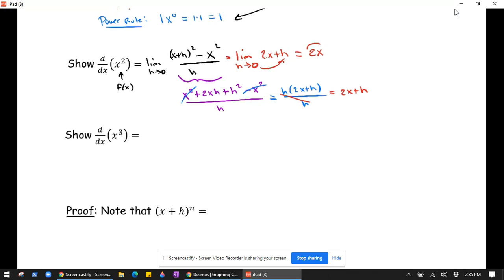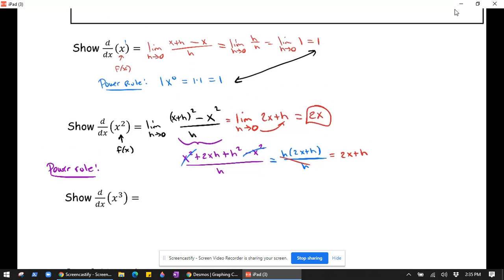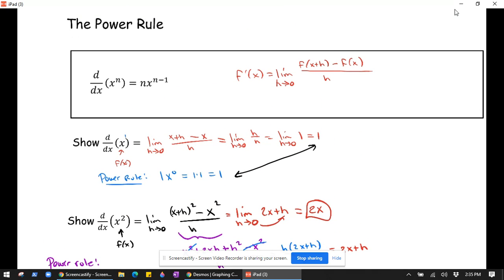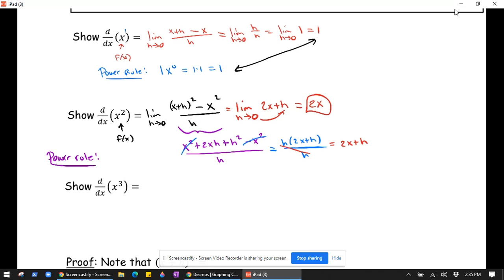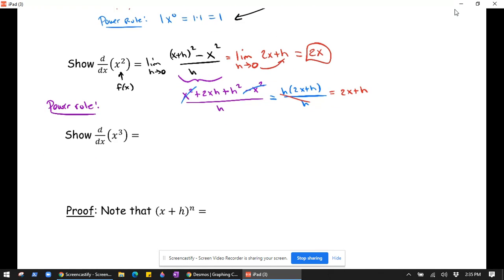That was using the limit definition. Let's try now using the power rule. So according to the power rule here, we bring down the exponent and diminish the power by 1. So by the power rule, f prime of x, or the derivative of x squared, would be 2x to the 1, which of course is 2x.